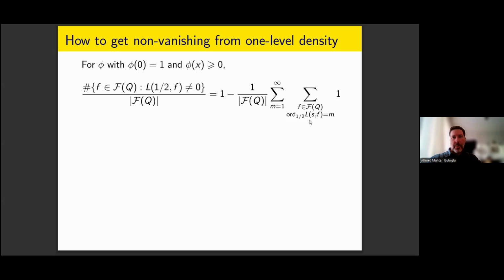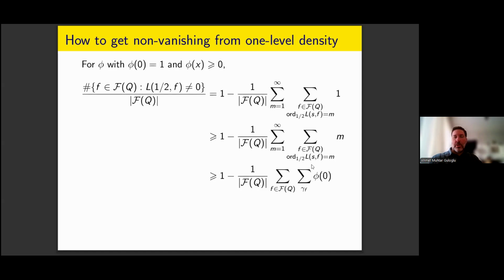Then definitely you can replace this one by m, and you will get an inequality of this form. And now this sum over here is greater than or equal to this sum, which is almost looking like our one level density, except I should not have zero here, but scaled zero over here inside.